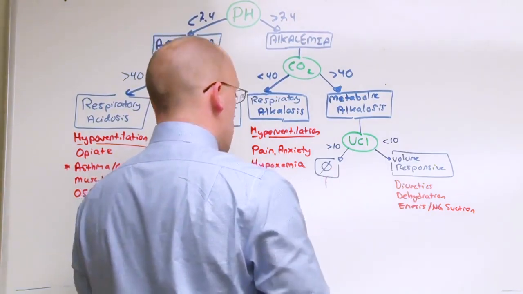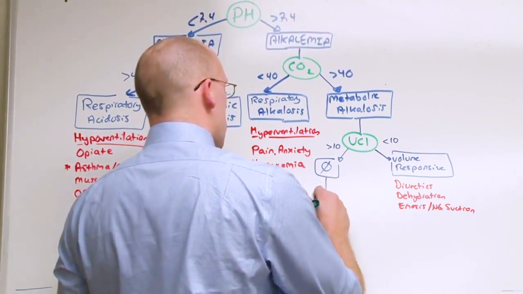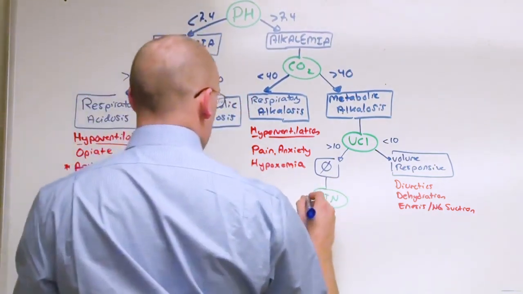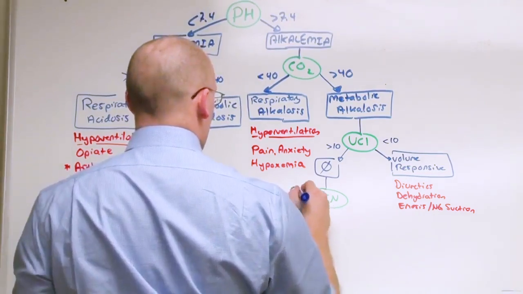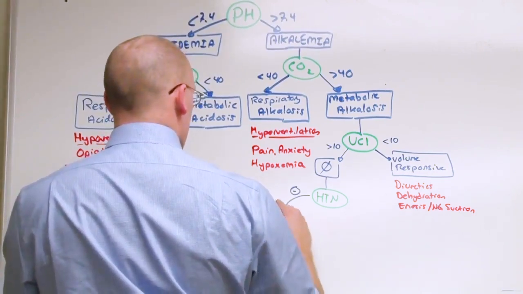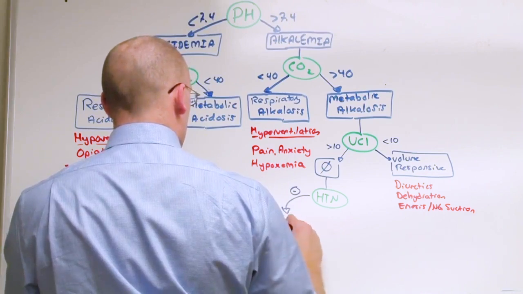The next step is to look for the presence of hypertension. And if you're down here you're getting to the real rare stuff that you're really not going to have to assess in an acid-base question. If there's no hypertension, you're looking at the genetic diseases like Bartter's and Gitelman's.